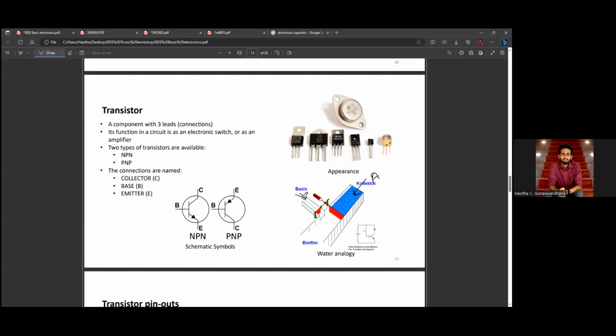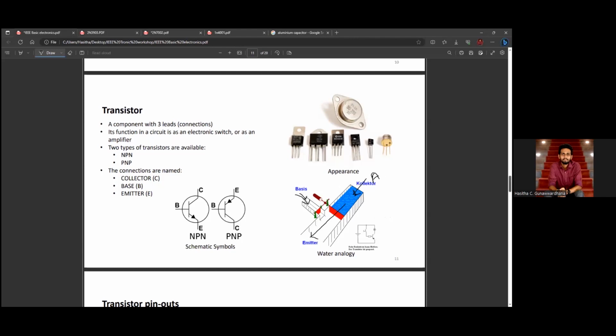If we allow water flow to the base, it will open the gate for the collector, and then the water flow will go in this section. So that is the basic and very simplified analogy for a transistor used as a switch.